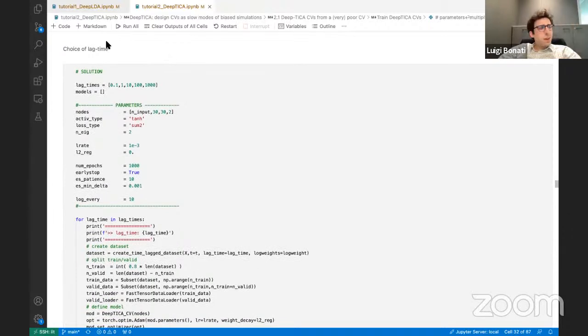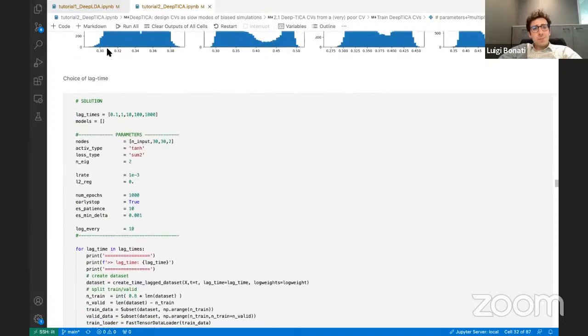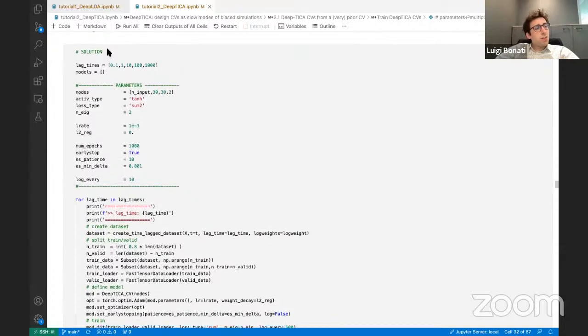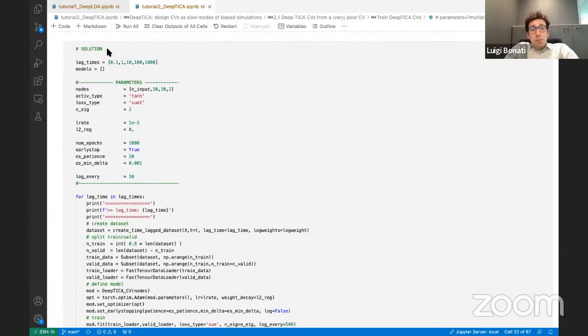Another point which I think was also asked during the first lecture was how do we choose the lag time? While we don't have a very physical interpretation about the choice of the lag time, we have a very simple criterion on how to choose it.